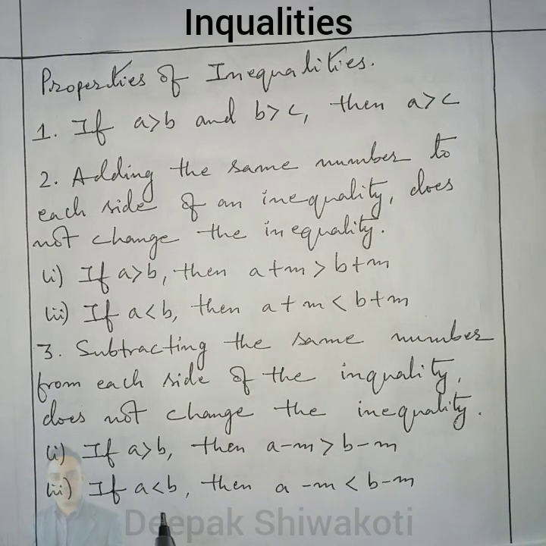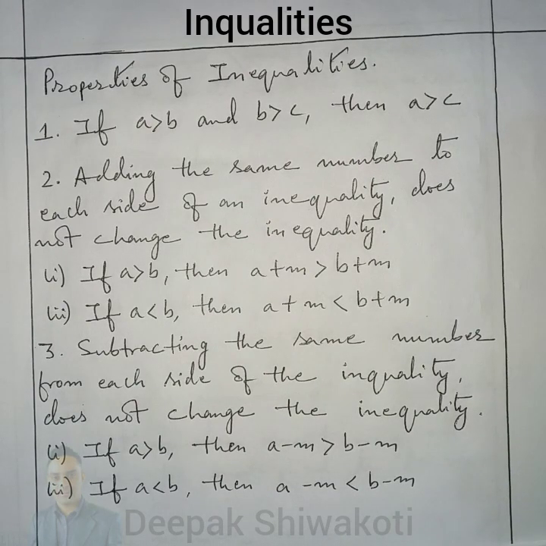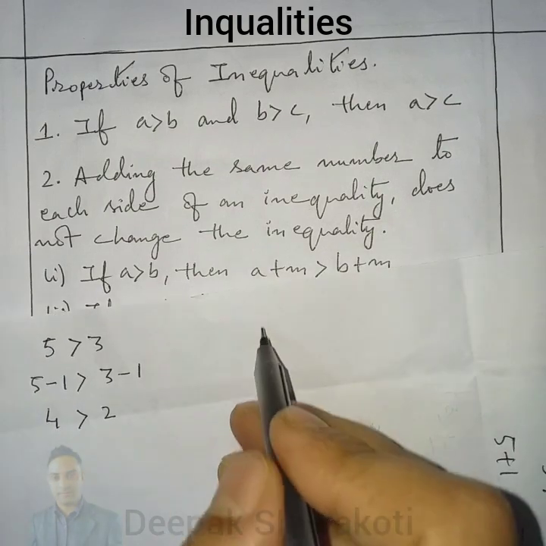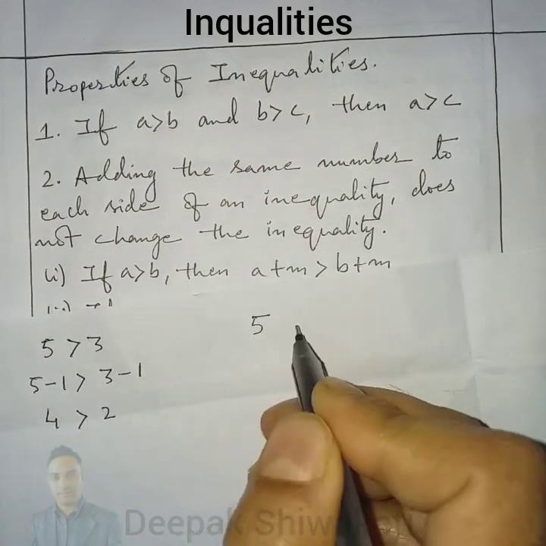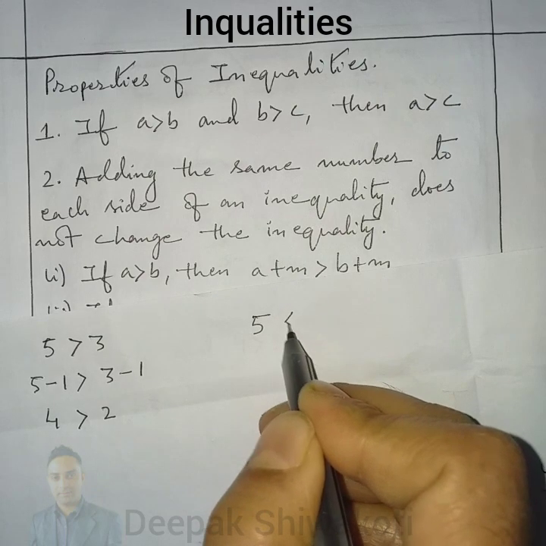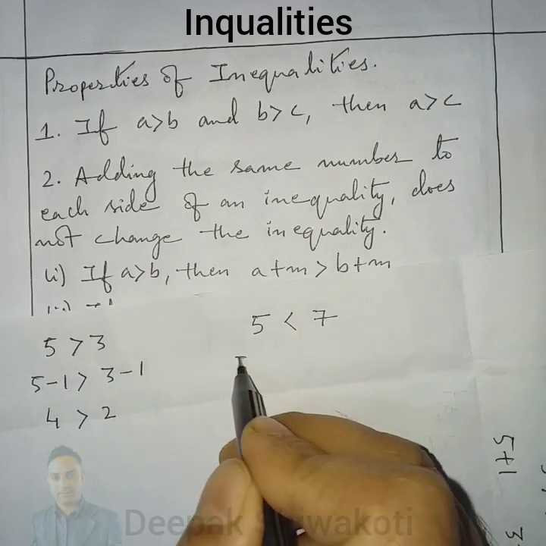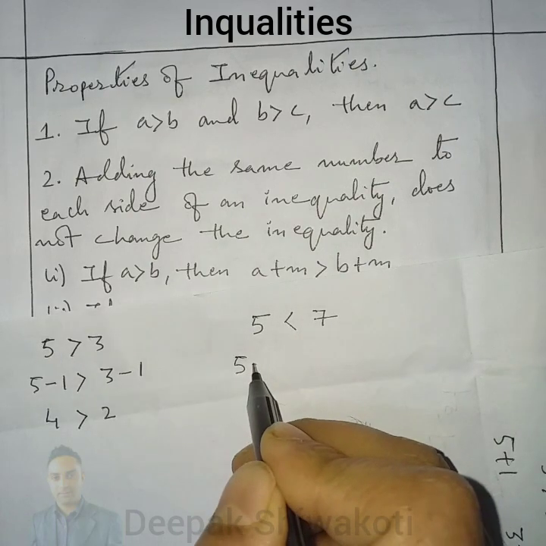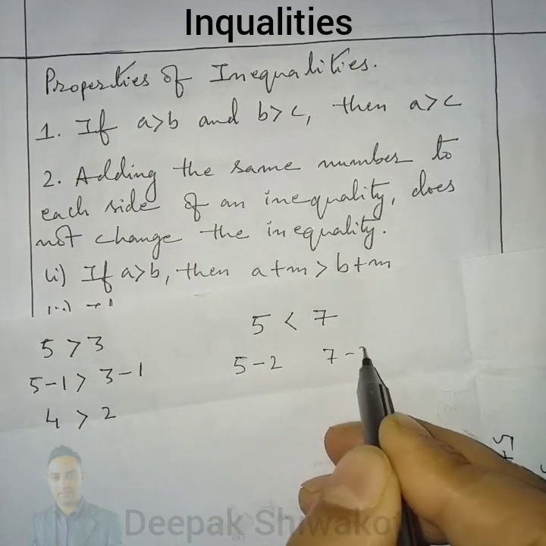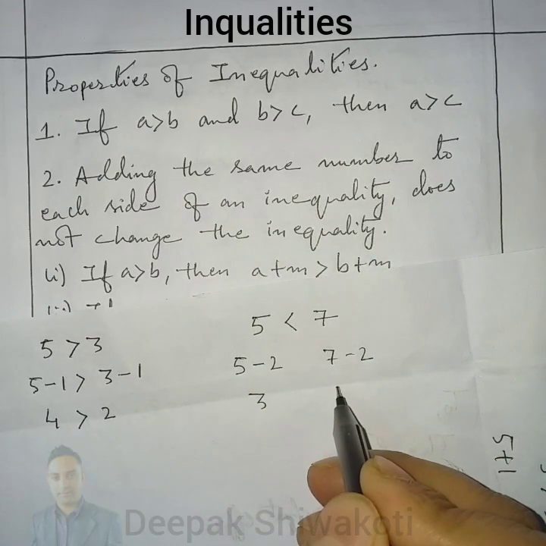Similarly, if a is less than b, then the sign of inequality, less than, will not change. Let us examine with the same kind of example. 5 is less than 7, suppose, and we are subtracting 2 from each side, so here we get 3 and here we get 5.